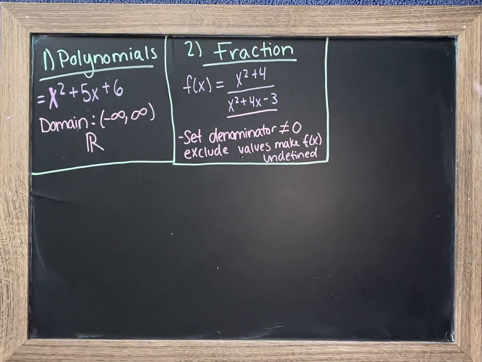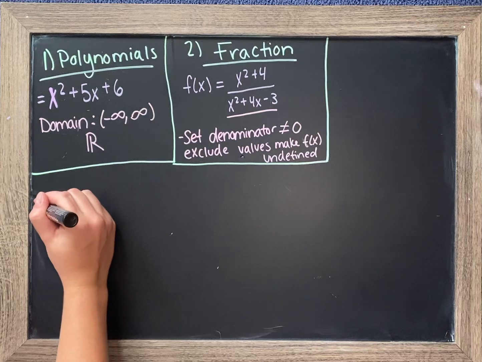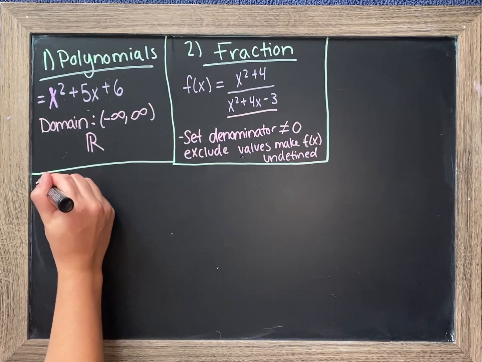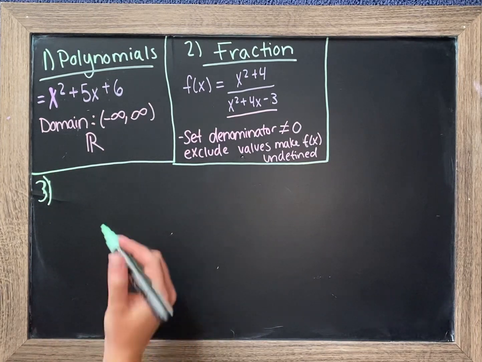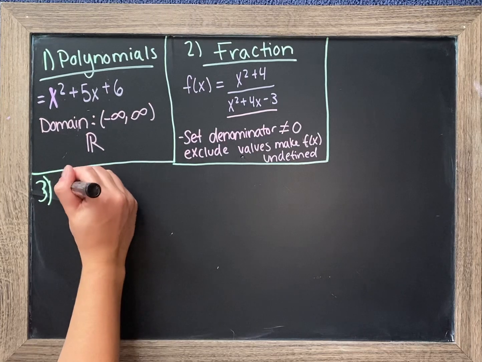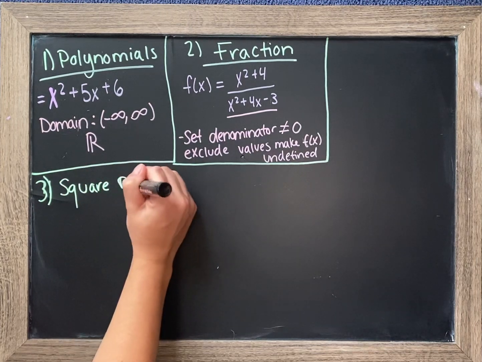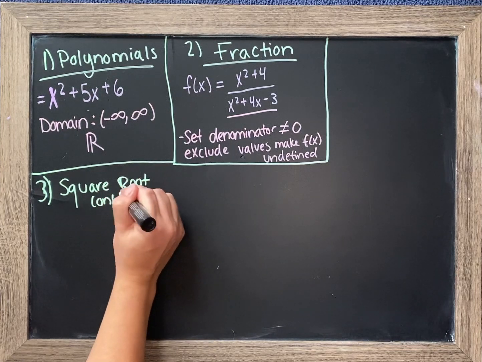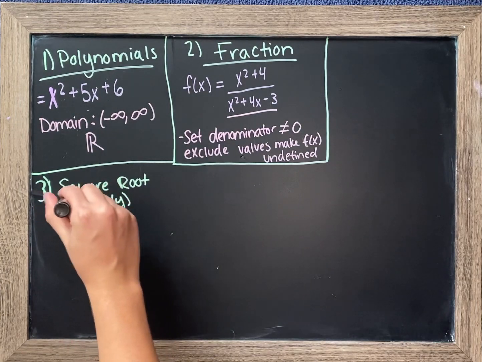All right, and so then for number 3, we're going to talk about having a square root only, meaning that the only part of the problem that you're dealing with is a square root.